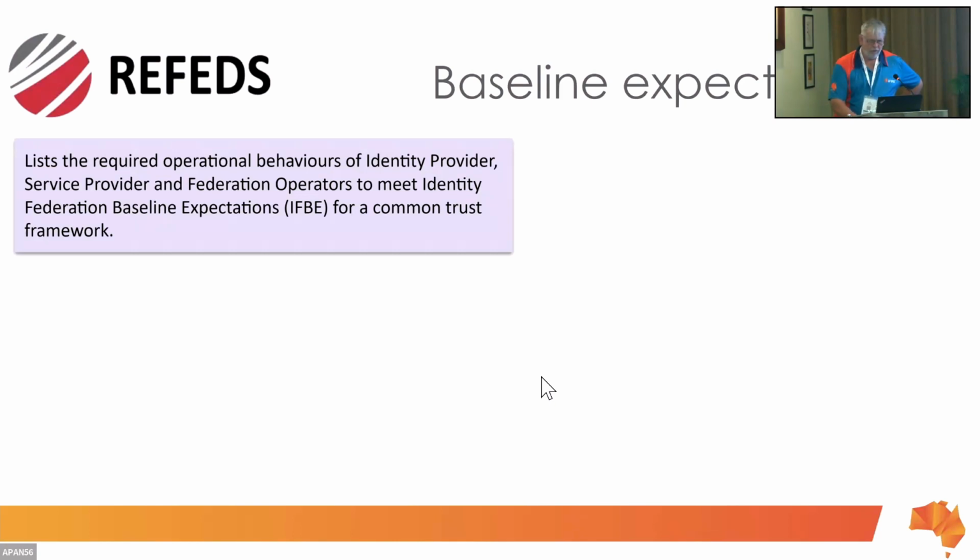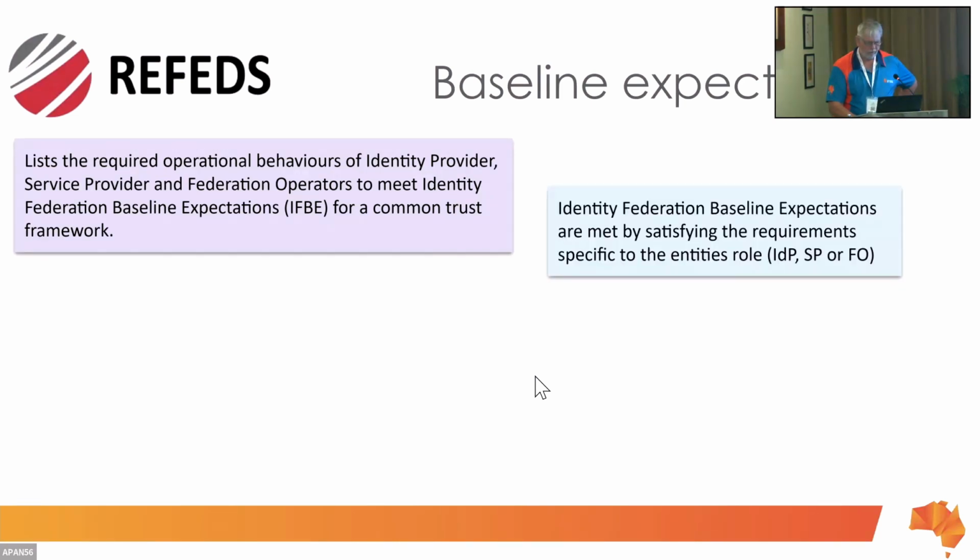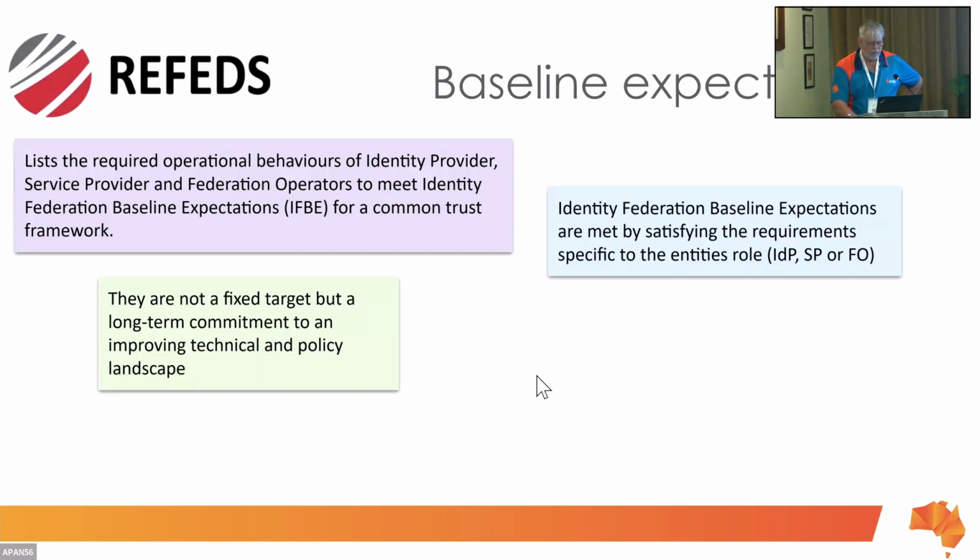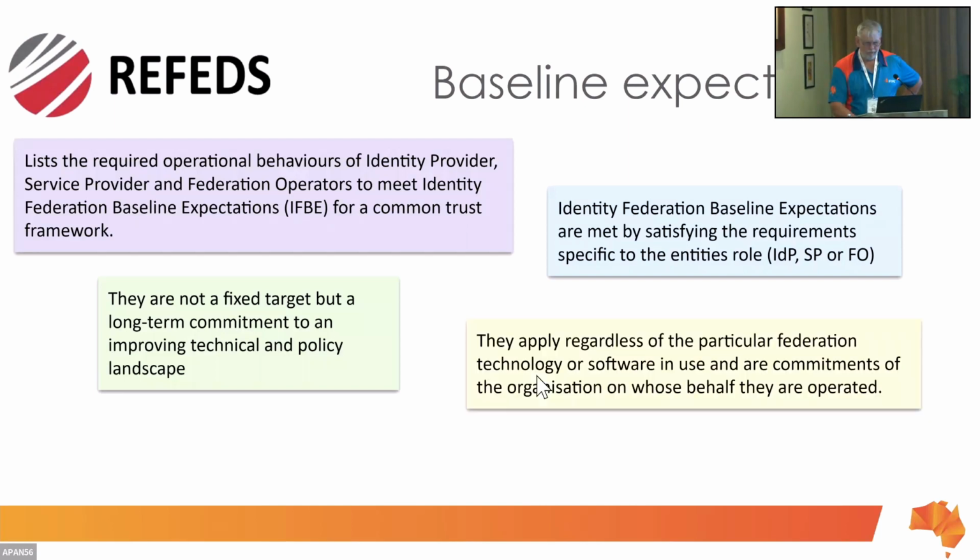So REFEDS baseline, I've read that before: list of required operational behaviours. Met by satisfying the requirements specific to the entity's role. They are not fixed targets, but long-term commitments, and they apply regardless of the particular federation technology or software that are in use, and are commitments of the organisation on whose behalf they are operated.